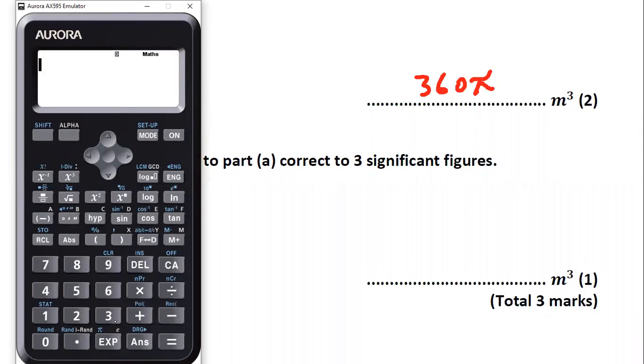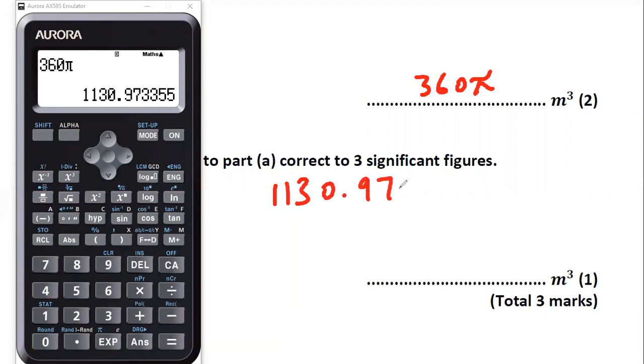If I type in 360 pi and press F to D button, or S to D button, depending on the calculator, I get 1130.9733355.